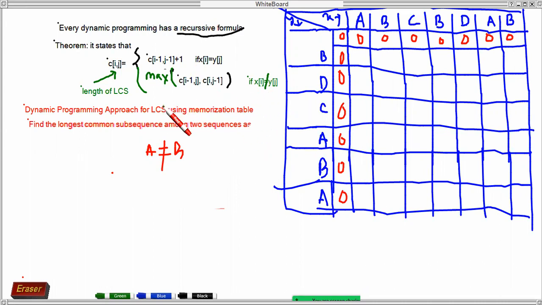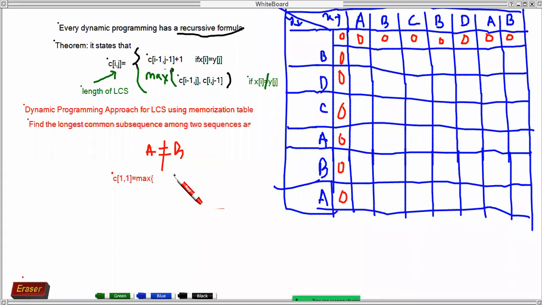Try to understand. So now what does it mean? C of 1,1. This is your C of 1,1. I'm trying to make it equal to the maximum of what?